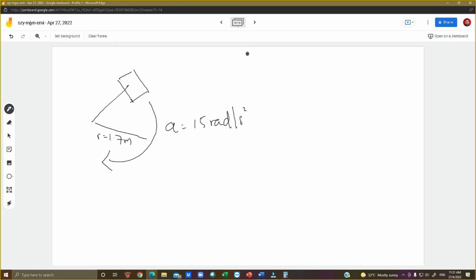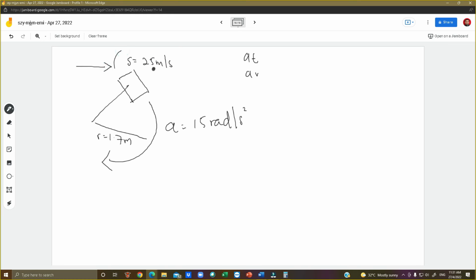Okay, dia suruh kamu cari AT and AR if, when tangential hammer speed is 25 meter per second. Maksudnya speed linear dia.